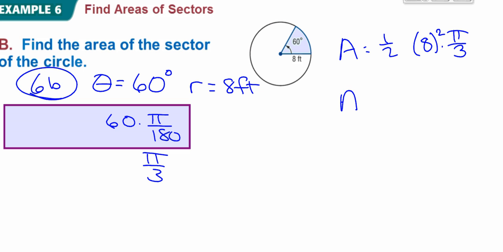We'll round to the nearest tenth again. Any thoughts? 33.5. Label: feet squared for that one as we go.